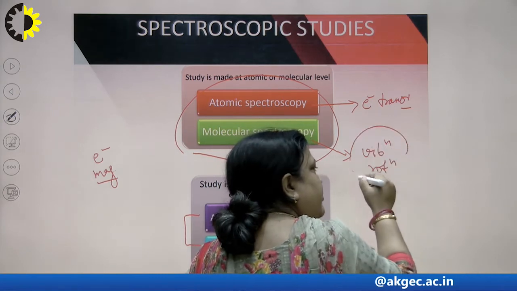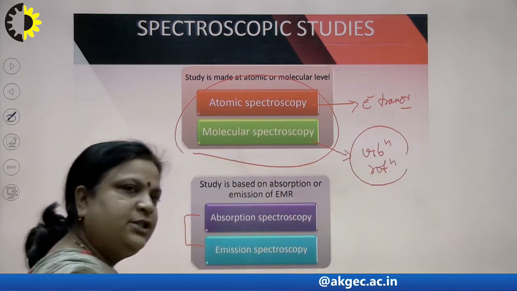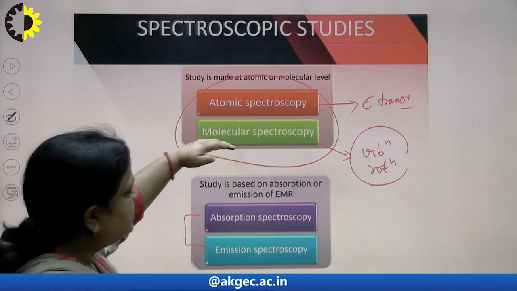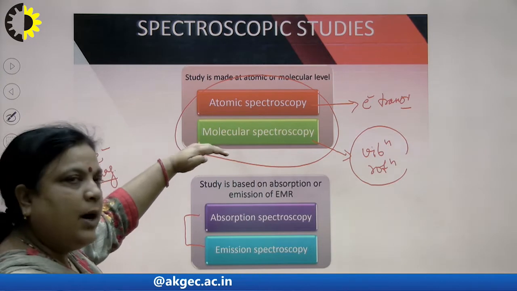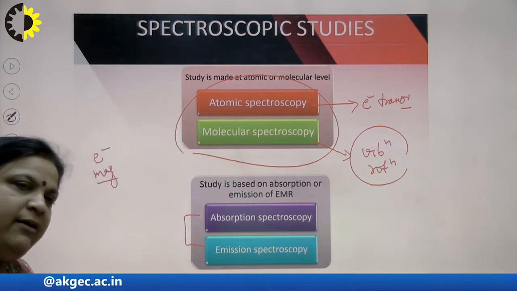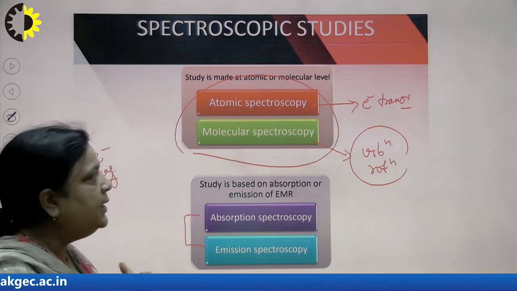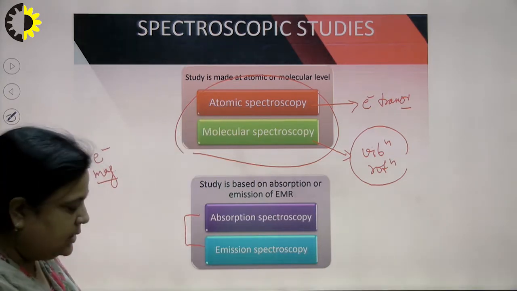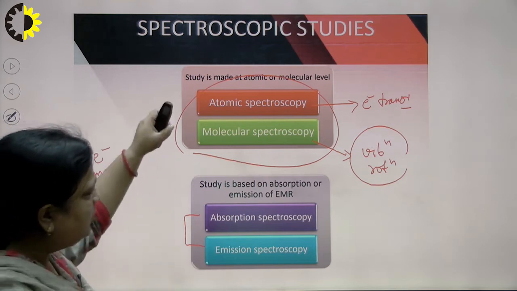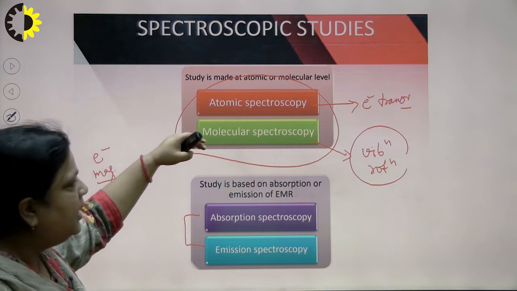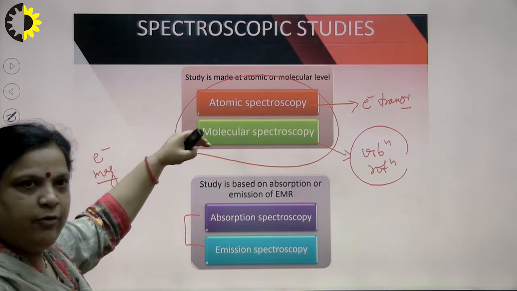It means when we study the overall transition between the energy levels in a molecule, it gives information about the molecular structure, and that is molecular spectroscopy. And where we study only electronic transitions, it comes under electronic spectroscopy. Although molecular spectroscopy is comparatively more complicated, it gives a wide range of information.